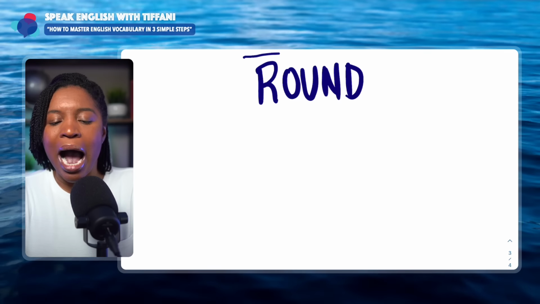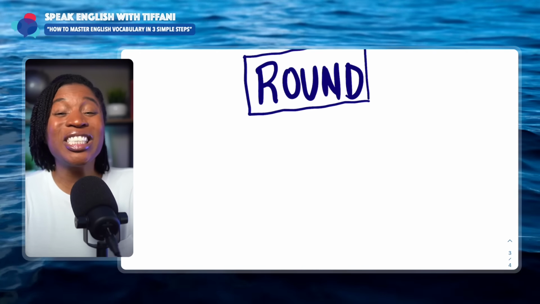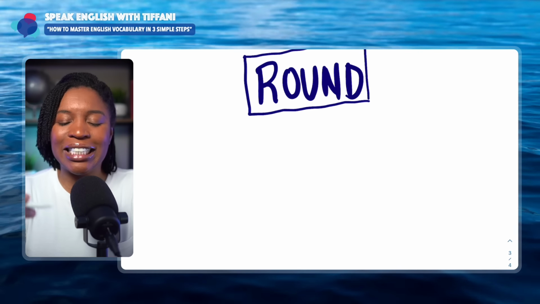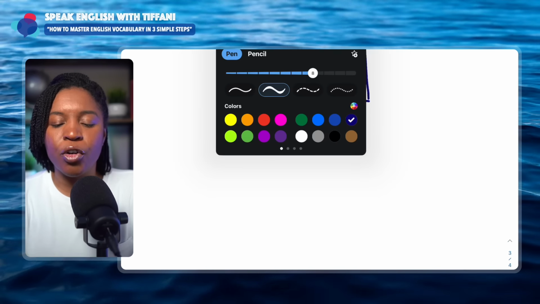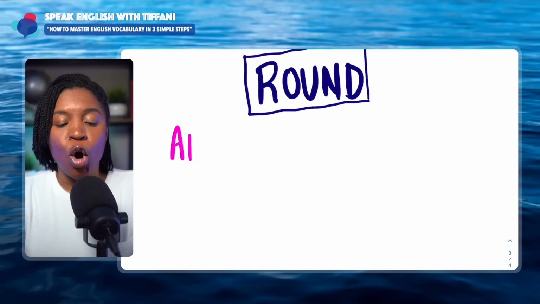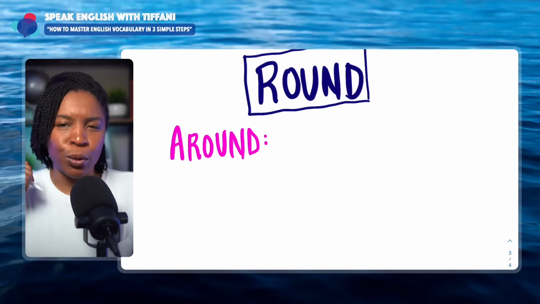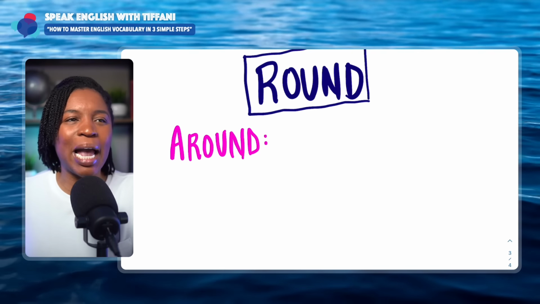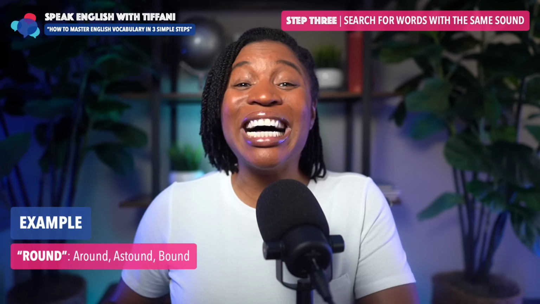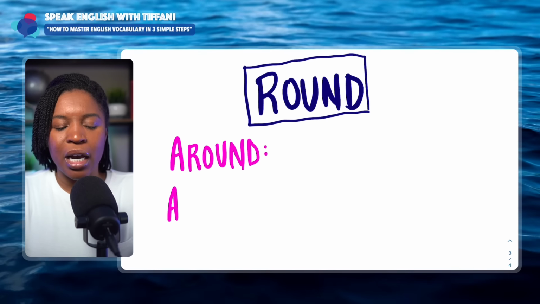The first example word that has the same sound is around. The second example word is astound. Let's write that down.